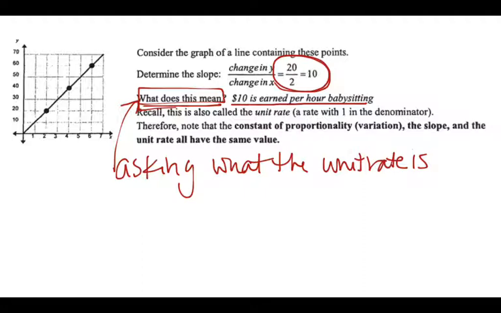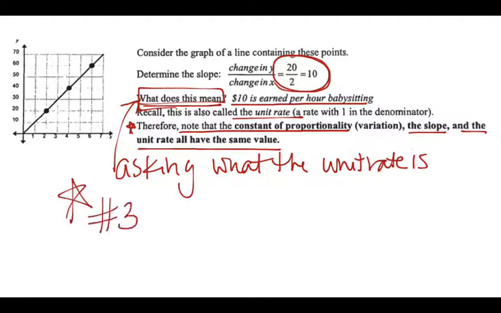It's asking what the unit rate is. So it says, recall, this is also called the unit rate. Therefore, note that the constant of proportionality, the slope, and the unit rate all have the same value. Now you'll notice number 3 on your practice test has this exact question. So this may help you answer that.